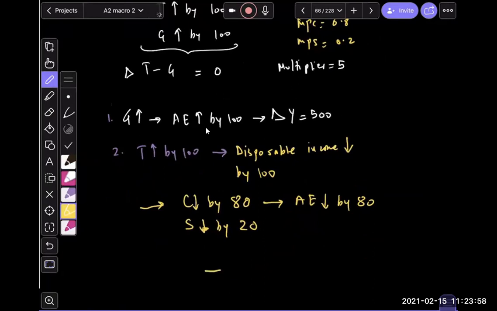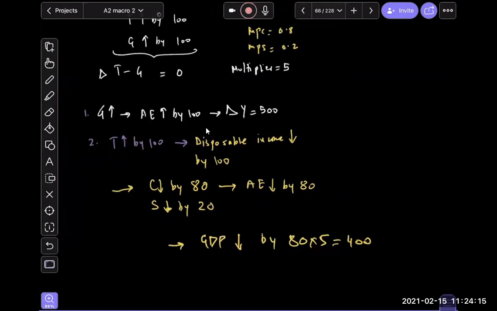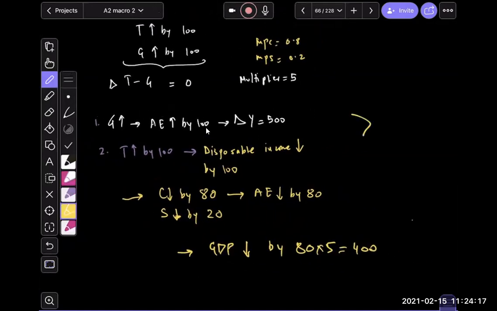or GDP, or income, GDP will fall by 80 times 5, or 400. Are you all with me? What I'm trying to say here is this: the net effect, guys. You made taxes go up to pay for government expenditure. Isn't that what we did?